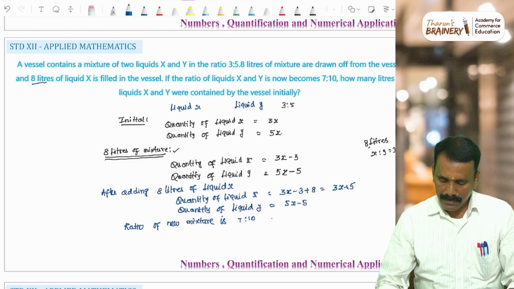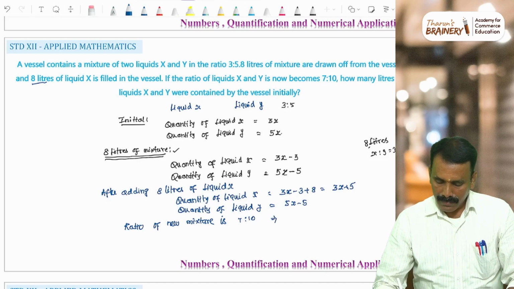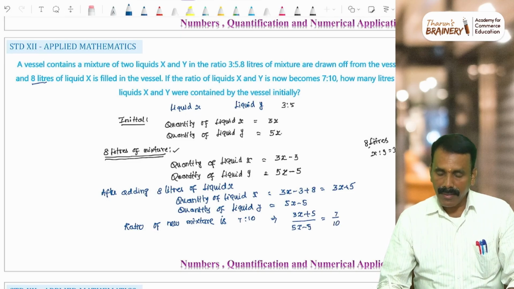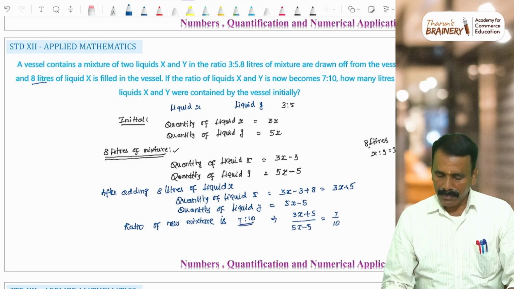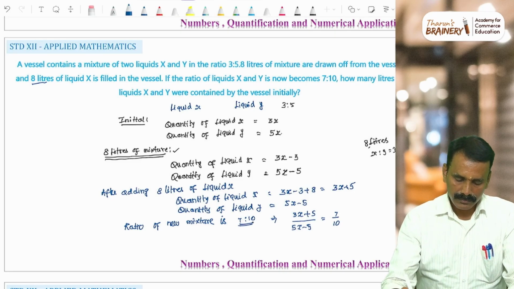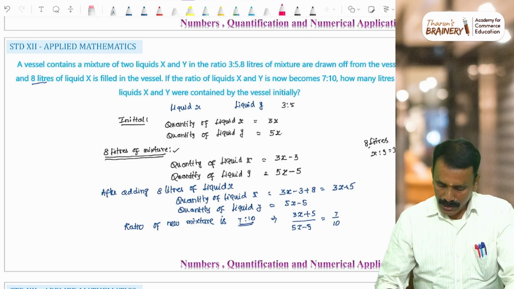This means 3x plus 5 divided by 5x minus 5 equal to 7 by 10. This is the ratio. We cross multiply now. When you cross multiply, what's the answer you are going to get?